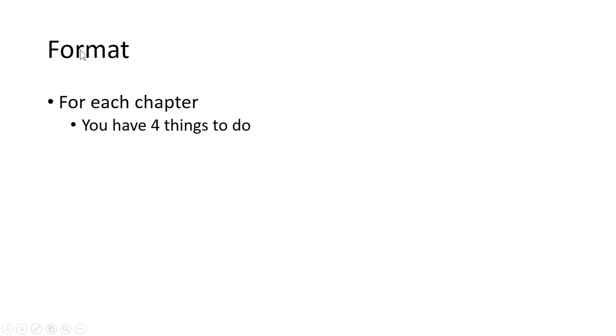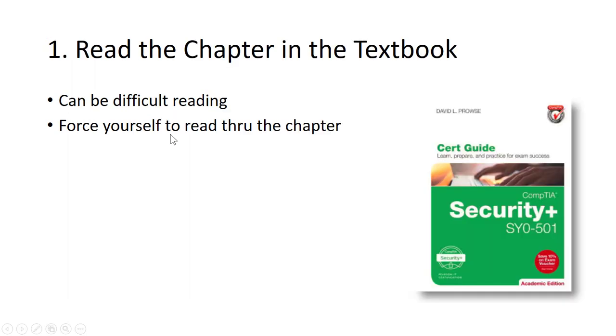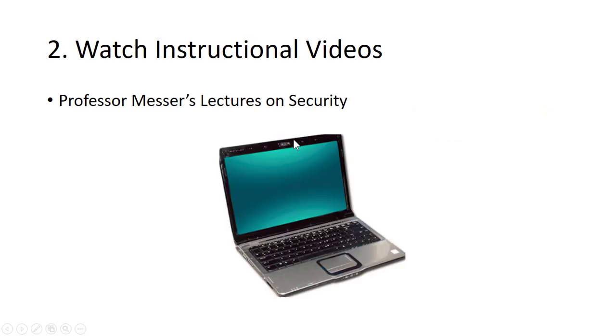Now let's discuss the format of the class. For each chapter, you have 4 things to do. 1, you read the chapter in the textbook. Now, this can be difficult reading, especially if you're new to the material, but please force yourself to read all the way through that chapter. Then you watch the instructional videos.